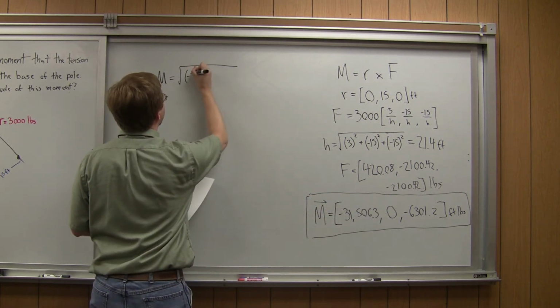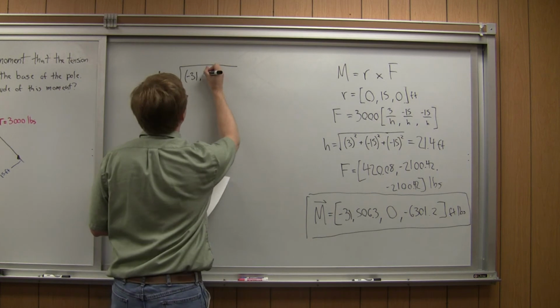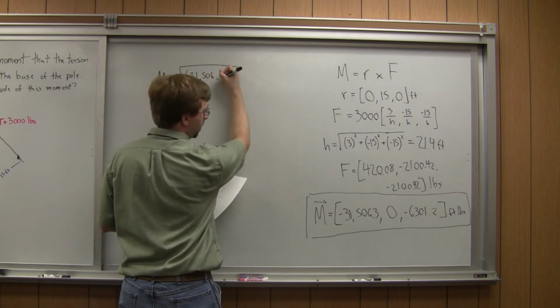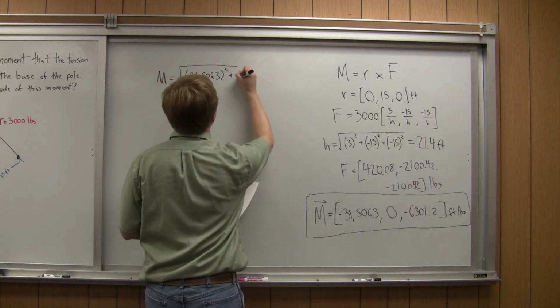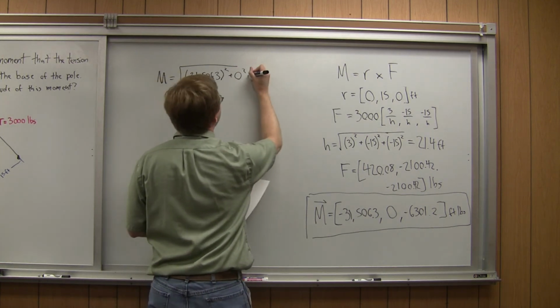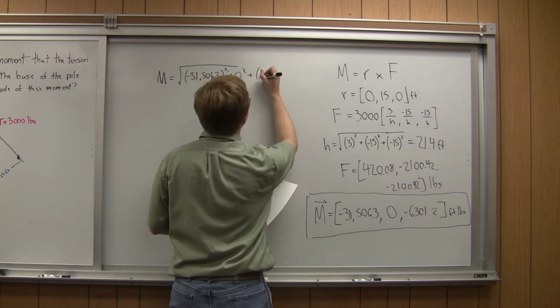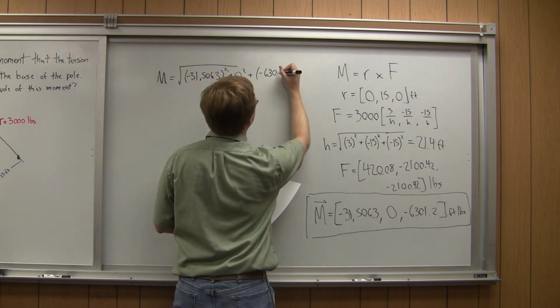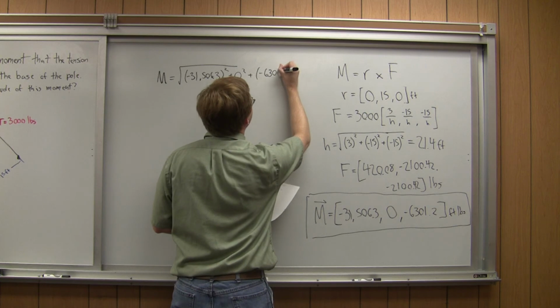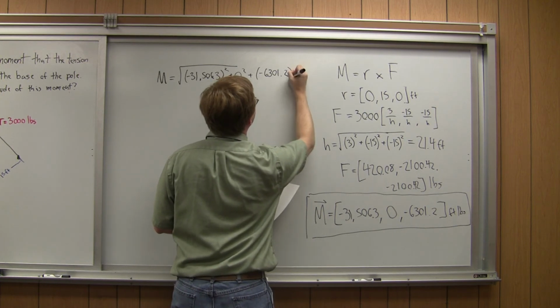So negative 31,506.3 squared plus 0 squared plus negative 6301.2 squared.